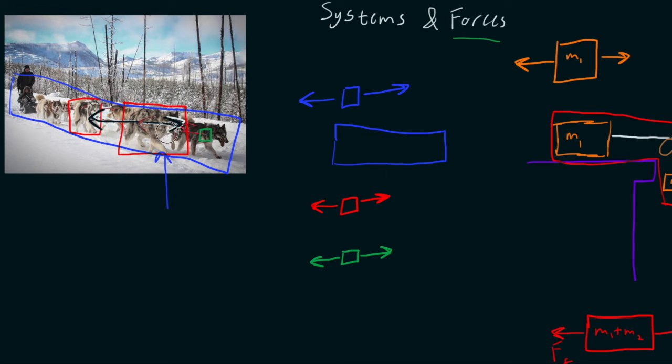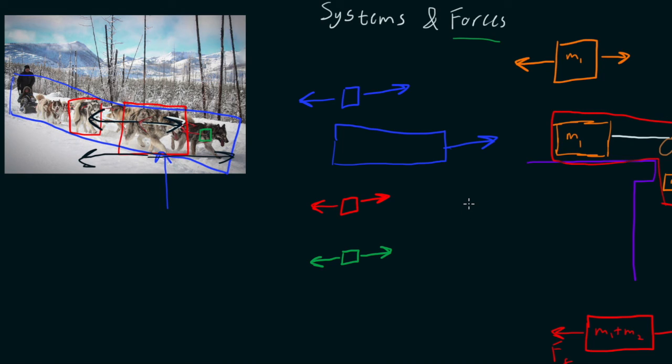Look at those forces, and those are going to be the same force. If those forces are the same, how could these huskies be moving? Well, because that's not the only force in this system. On these huskies, that's the system forces. But the huskies are also pushing against the ground, and the ground is pushing back against them, which causes the whole dog sled system to move.